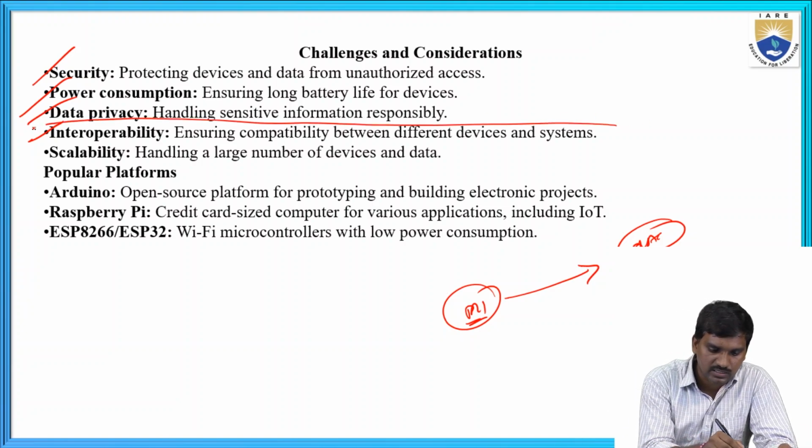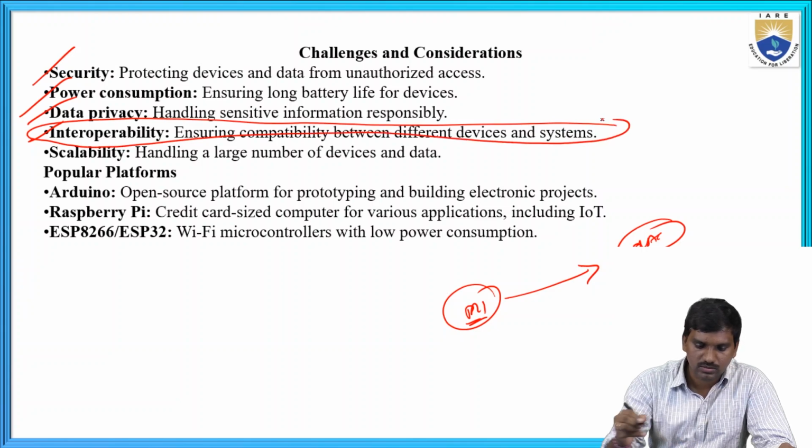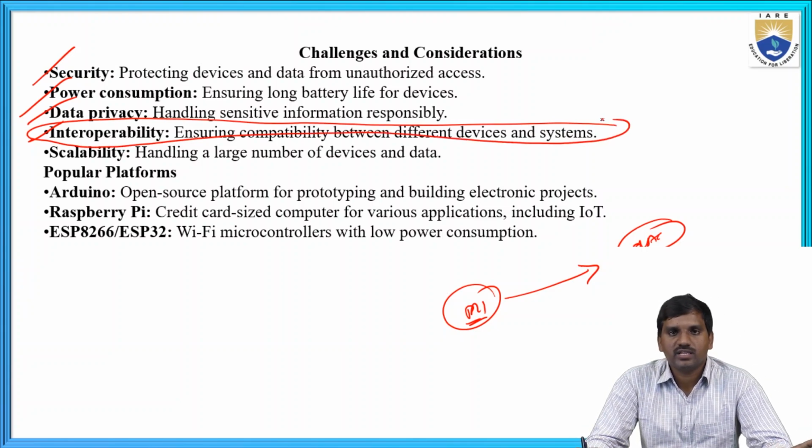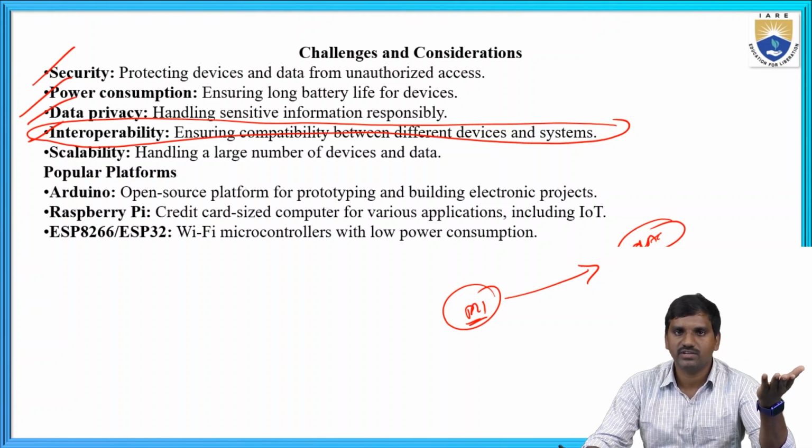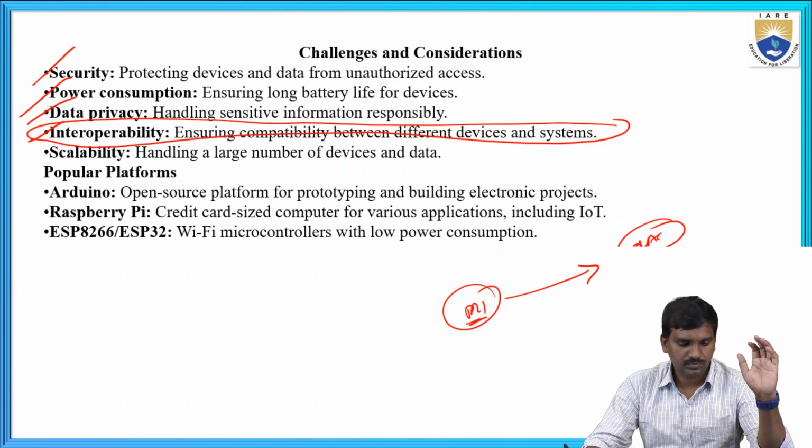Very, very important interoperability option. It is very, very important in our home also. So my TV is an MI TV, but the remote, the mobile, is Samsung. With the Samsung mobile, I can operate the MI TV. That is possible only with the interoperability option.